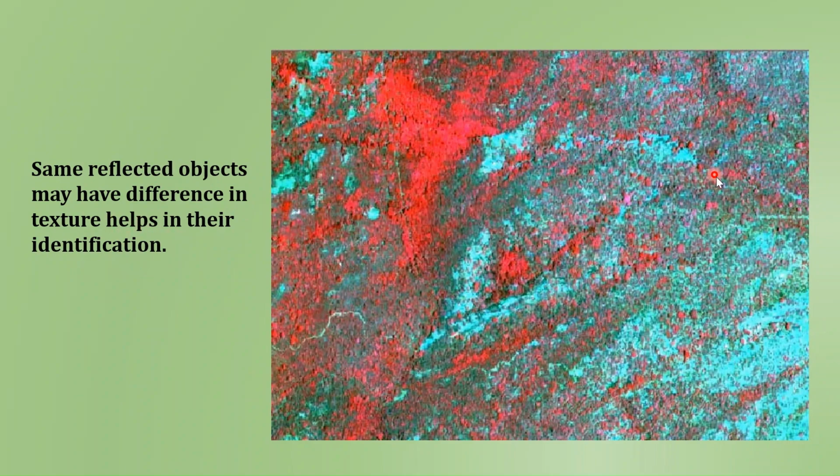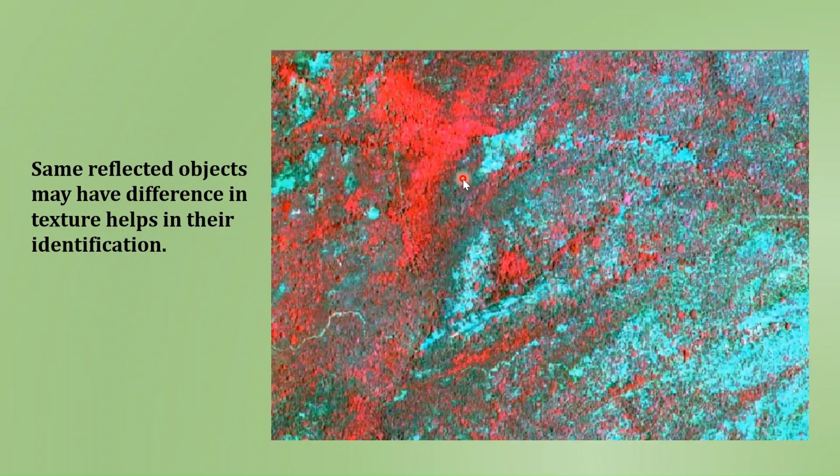So if we see in this FCC image, all the red color is the representation of vegetation. But here we can see that this particular part has a smooth texture while this one has a coarse texture.